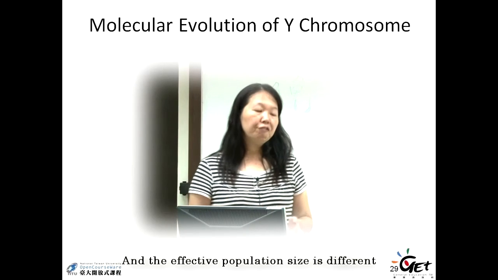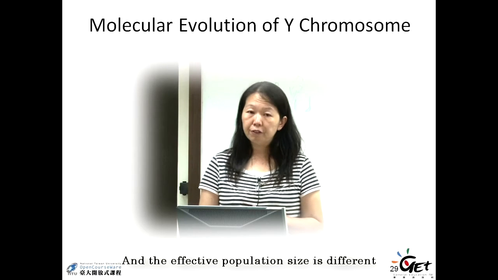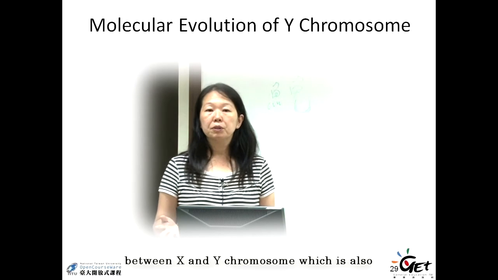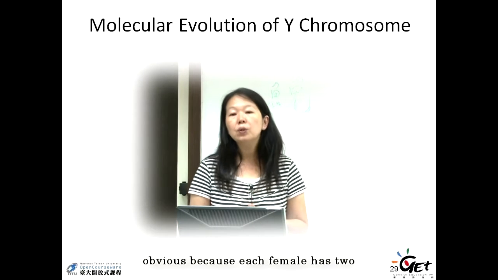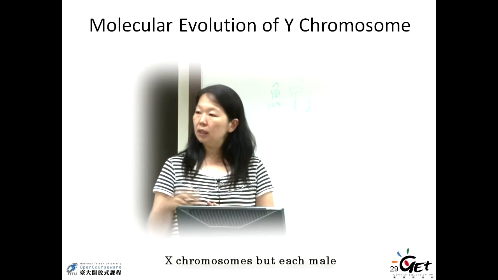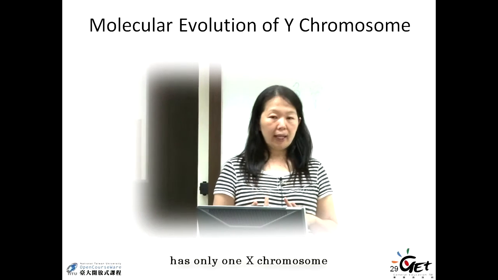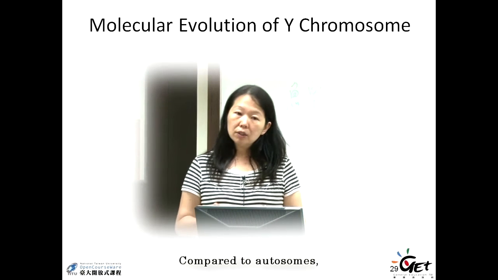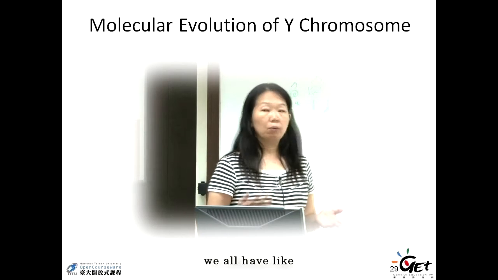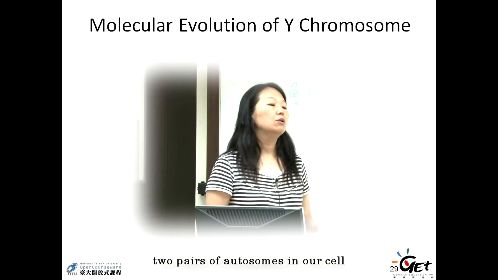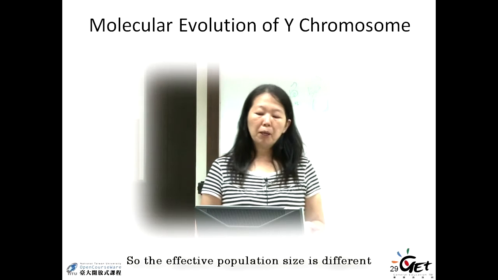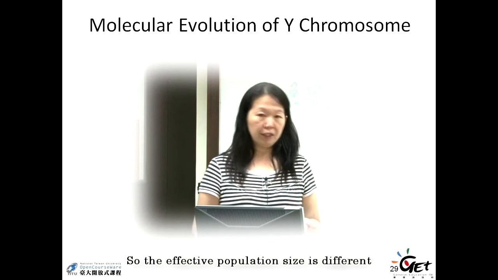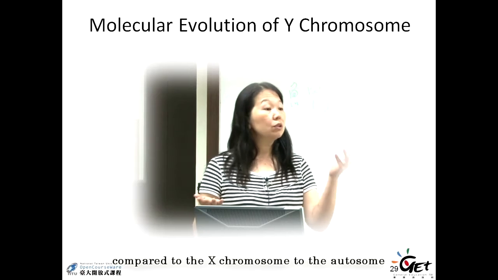And the effective population size is different between the X and Y chromosome, which is also obvious because each female has 2 X chromosomes, but each male only has 1 X chromosome. Compared to autosomes, we all have 2 copies of each autosome in our cells. So the effective population size is different for the X chromosome compared to the autosomes.